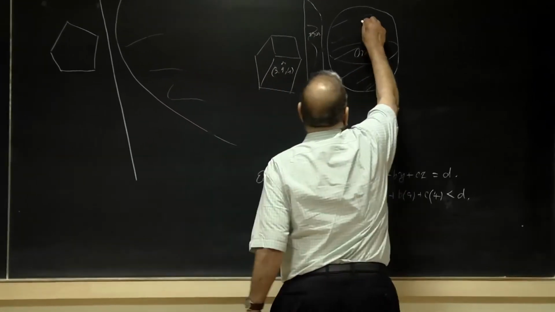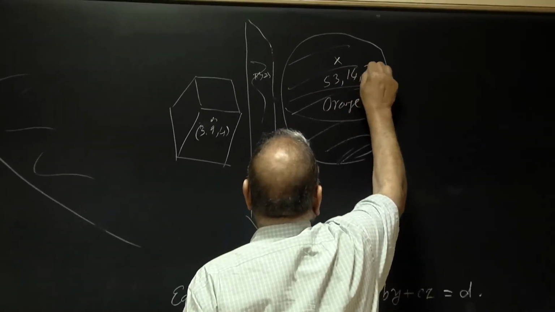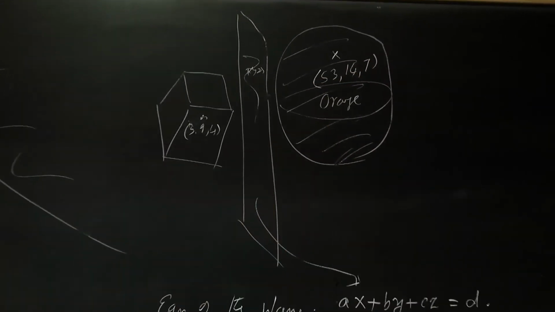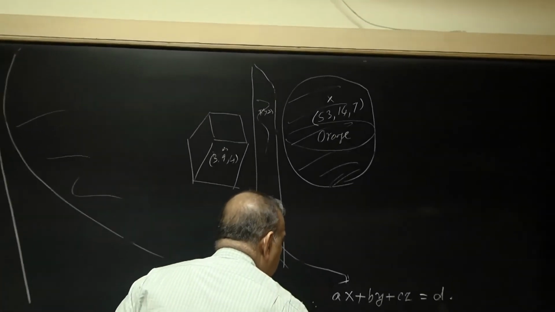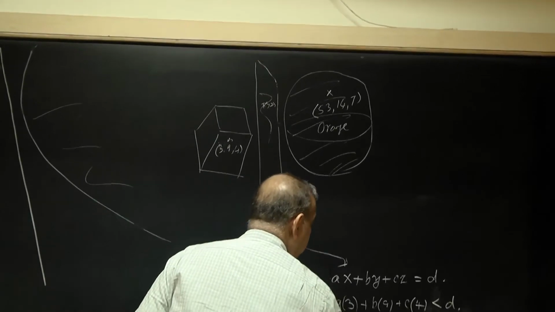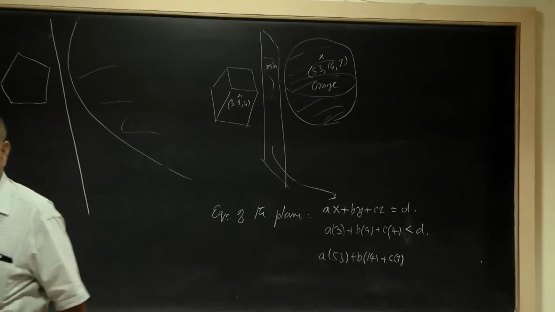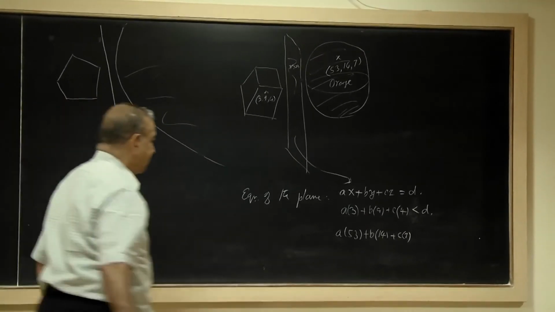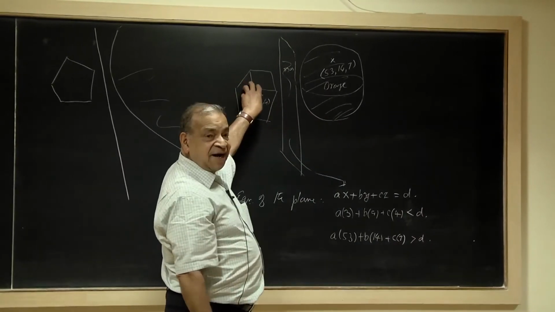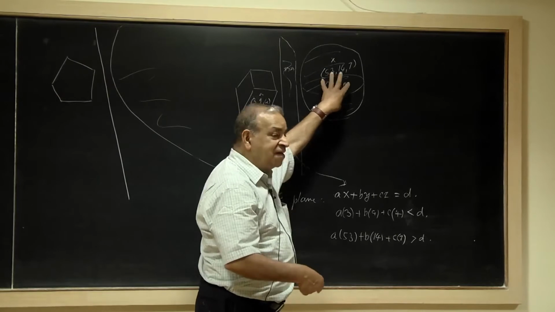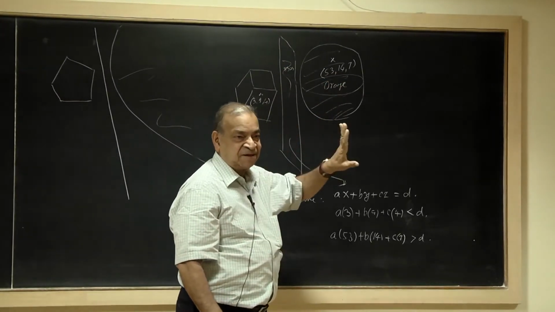Then if I choose some point here, 53, 14 and 7, then I take a times 53 plus b times 14 plus c times 7, what can you say? It will be greater than d. For everything inside, it will be less than d. For everything here, it will be greater than d. It will be equal to d on this one. That is the strict separation theorem, nothing more.